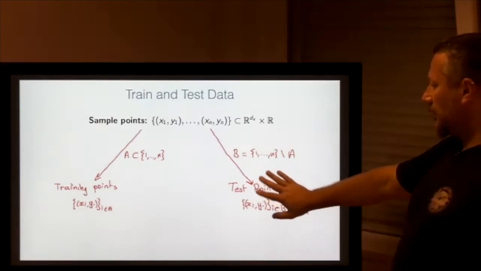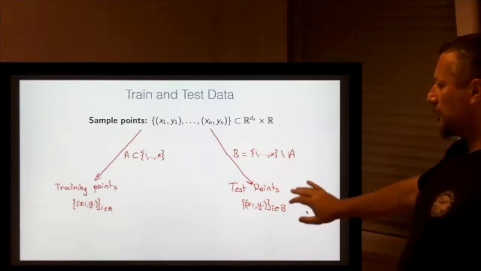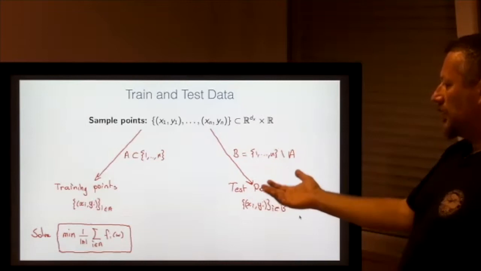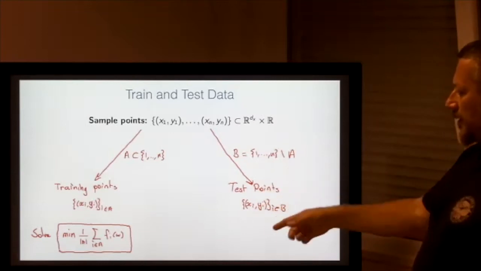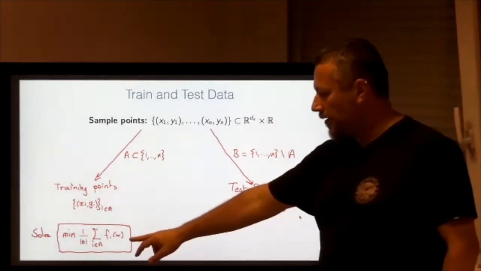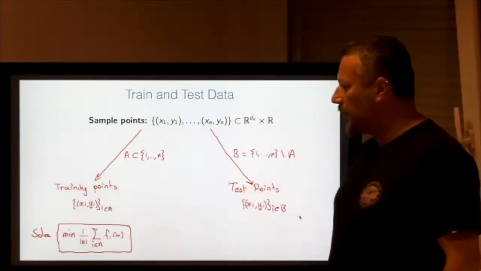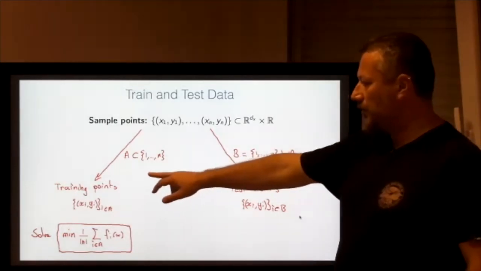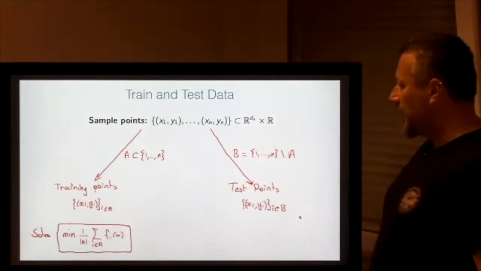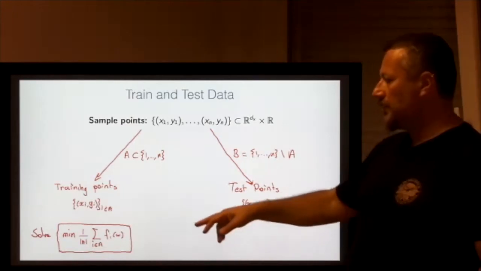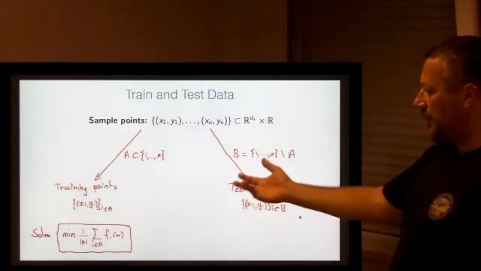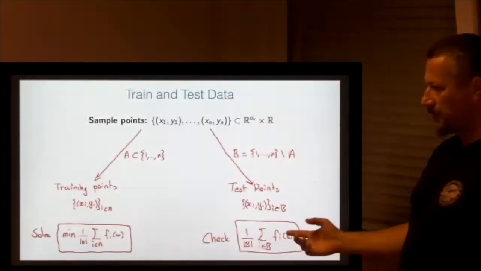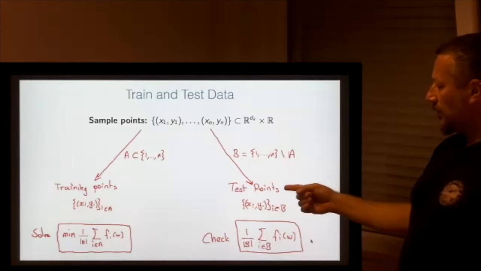And they don't see these points, they don't work on these points. What they do is they try to find the optimum value of the parameter omega such that it gives a local minimizer of this empirical risk function evaluated for the points on the training set. And then they check how well that minimum behaves on the empirical risk function on the test set.